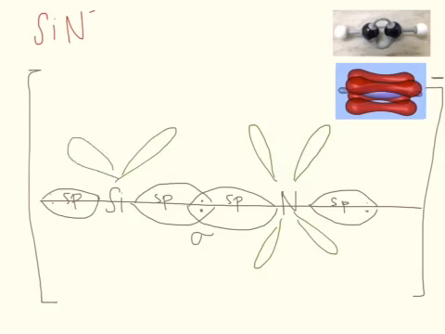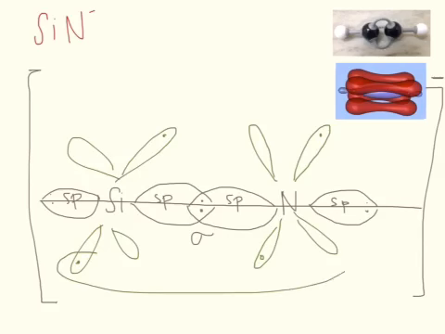Oops, that looks like bunny ears. One here and one here. We're going to put an electron here, an electron here, an electron here, and one here.